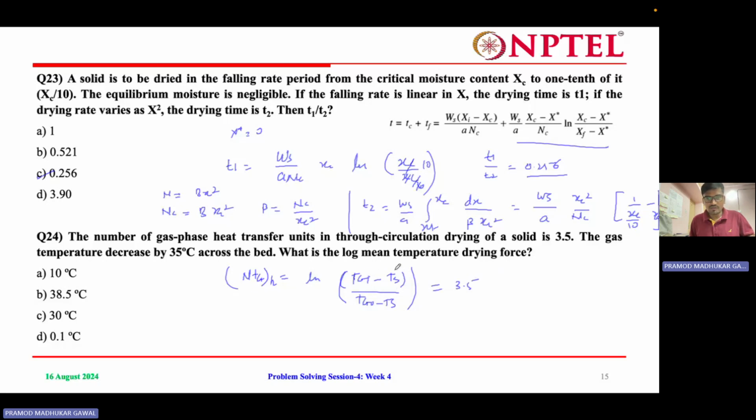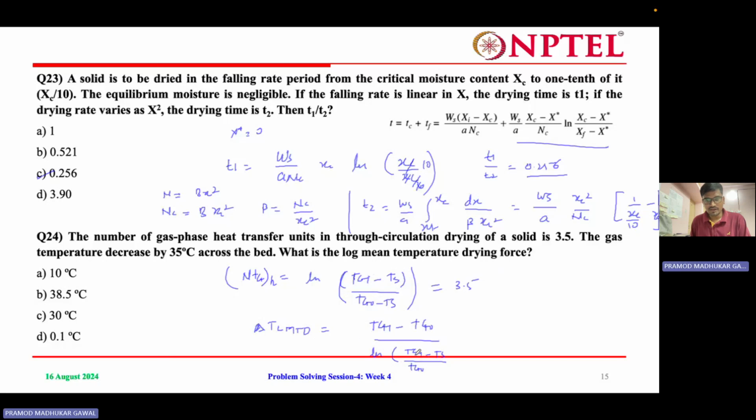And here it asks for the log mean temperature. LMTD, the log mean temperature driving force, equals Tg1 minus Tg0, so you can say delta T also, divided by ln of Tg1 minus Ts divided by Tg0 minus Ts.